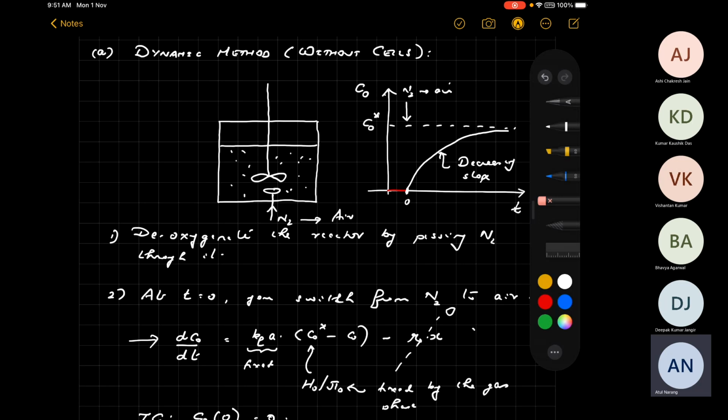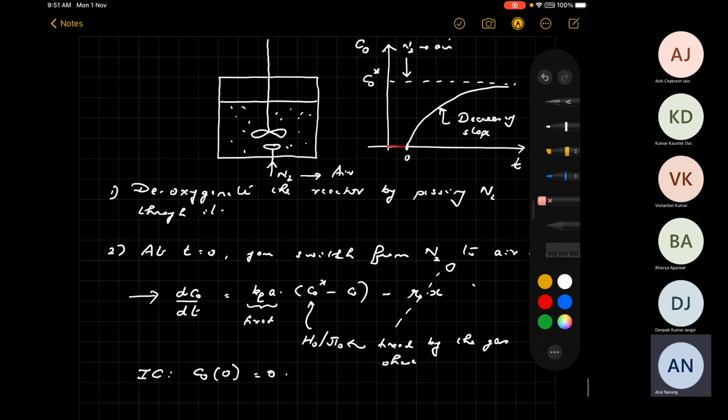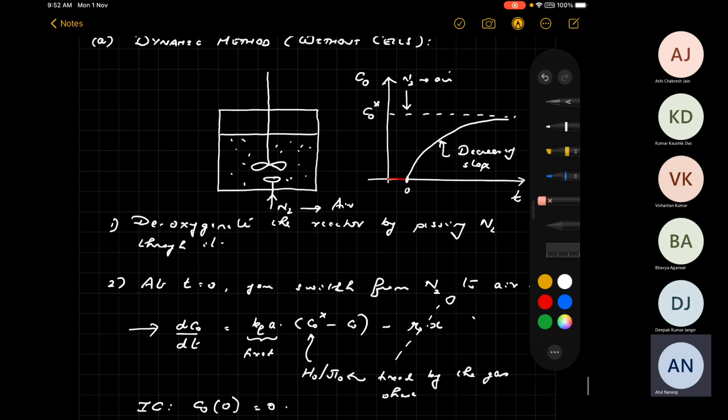Then after deoxygenating, at time t equal to 0, you switch from nitrogen to air. When I switch from nitrogen to air, it's intuitively obvious, as shown on the figure on the right, that the bubbles, which previously consisted purely of nitrogen, will get replaced by bubbles of air.